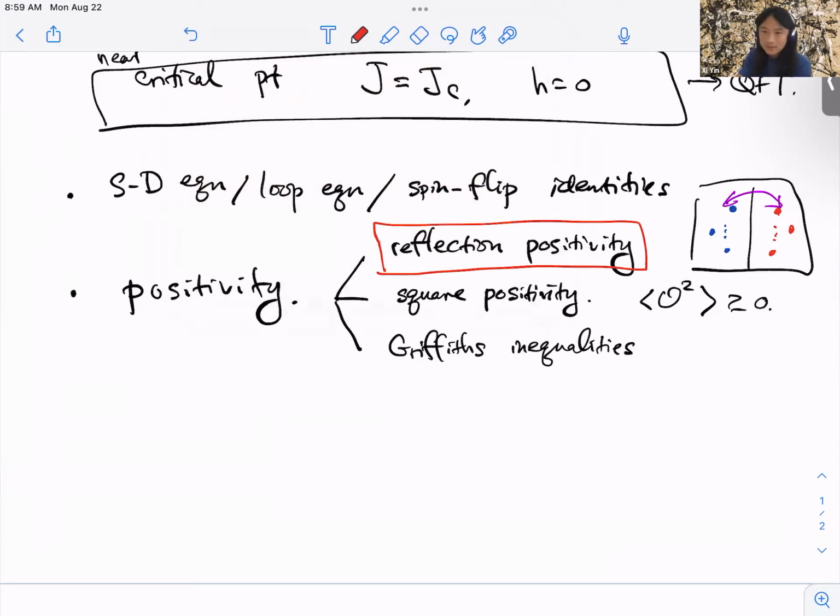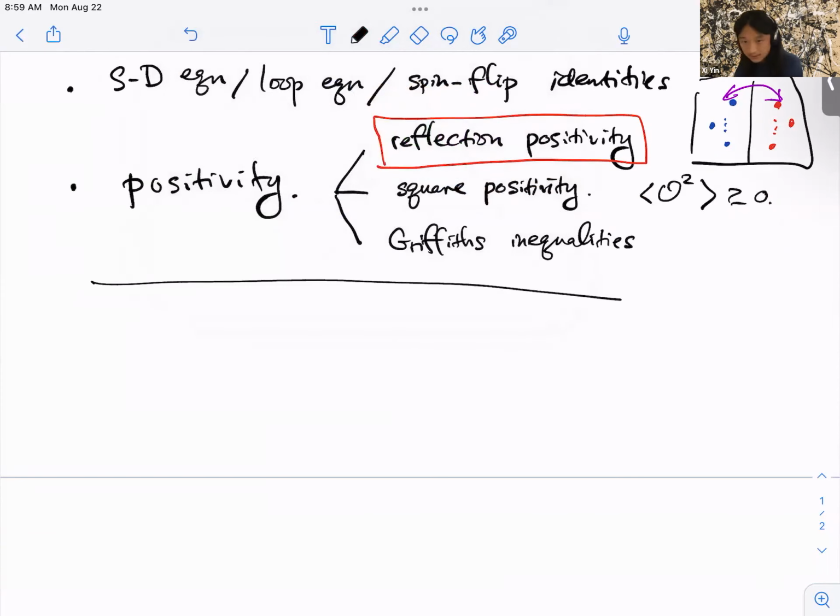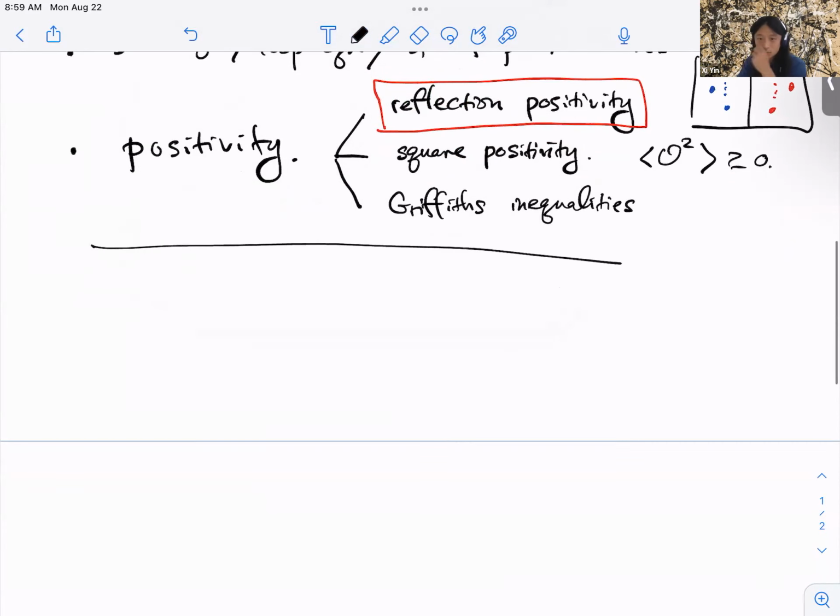Okay, so let me now describe in more detail, first of all, what the spin flip identities look like. This is very easy to derive.